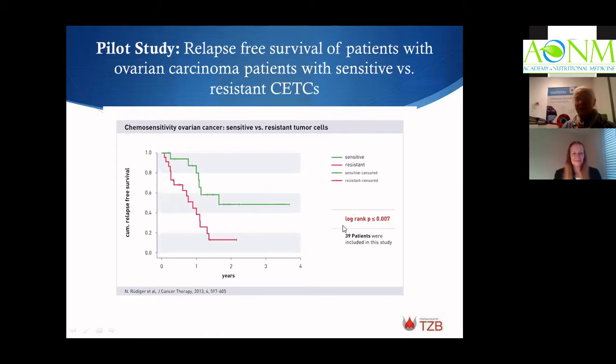It's statistically highly significant as compared to patients whose cells are resistant to these agents, which do not die upon addition of these agents. And the difference, again, is highly statistically significant.